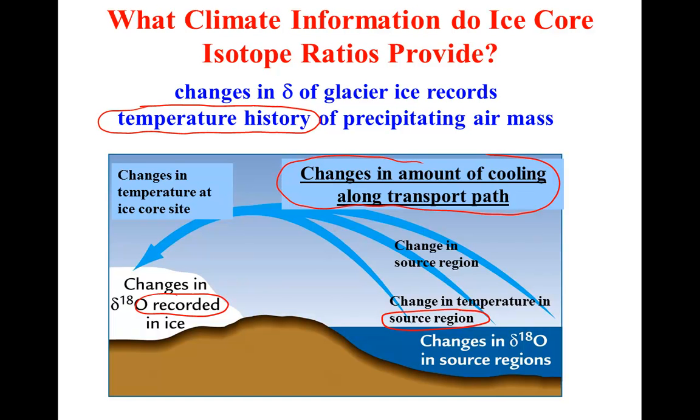You can have changes in the temperature at evaporation, changes in how far away the moisture came from, changes in the temperature locally where you're making the precipitation. So changes in isotope ratios are additive of all these effects. So the way to think about it is not a change in temperature at any one site, rather it's a change in the amount of temperature change along our moisture transport path.